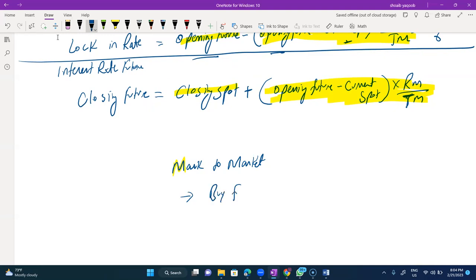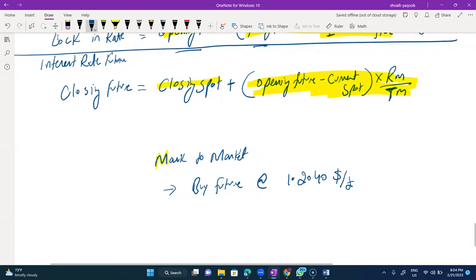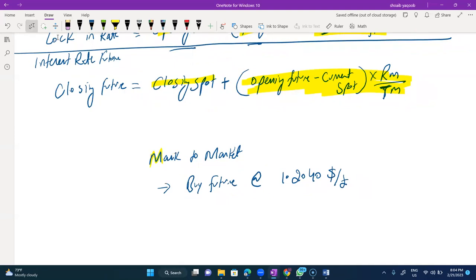For example, buy future at 1.2040 dollar over pound. That's the opening future, and you have done this on 1st January.